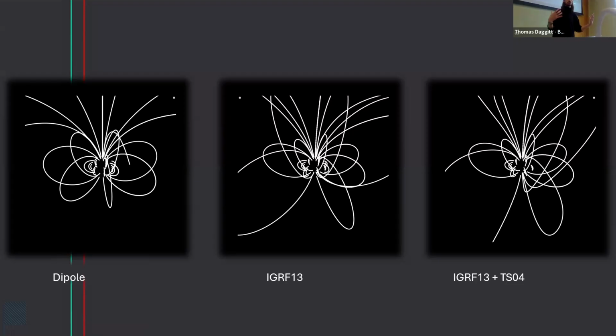This basically tries to represent a realistic, non-dipole model of the field due to Earth's core, effectively, or due to geophysical effects within the Earth. So it's quite similar to dipole, but it's a little bit tilted. It's off the center of the Earth, and it does have non-dipole components.